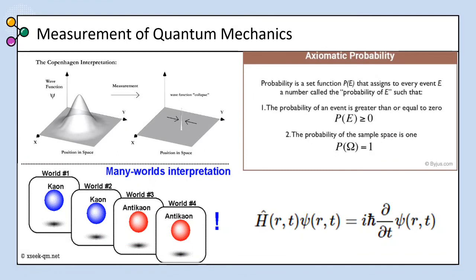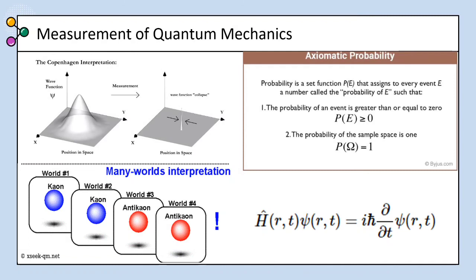Measurement in quantum mechanics. The way quantum mechanics treats the process of measurement has caused considerable debate. In the axiomatic approach, a measurement changes the wave function abruptly and discontinuously, while in the Copenhagen interpretation the measurement process is essentially pragmatic.